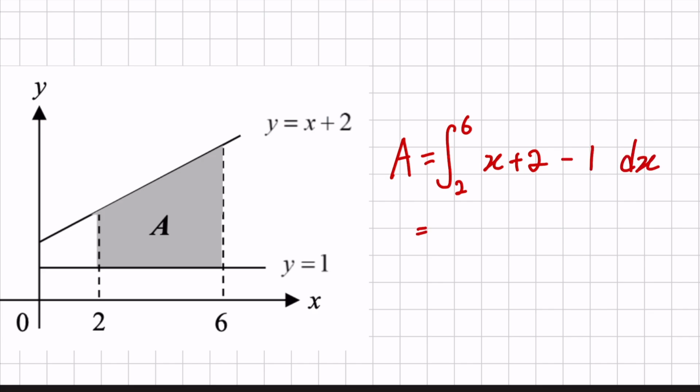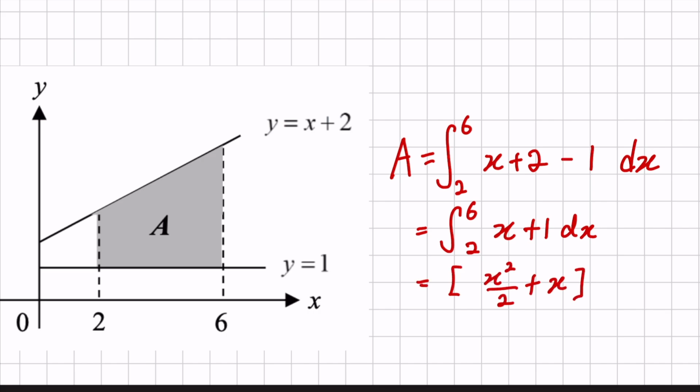Then I just need to simplify and evaluate this definite integral. x plus 1 dx, I will get the integral of x squared over 2 plus x, from 2 to 6. Therefore I'll get 6 squared divided by 2 plus 6, minus 2 squared divided by 2 plus 2.